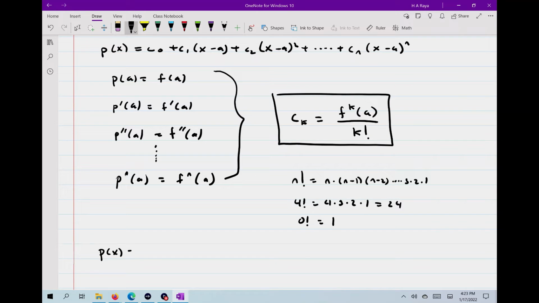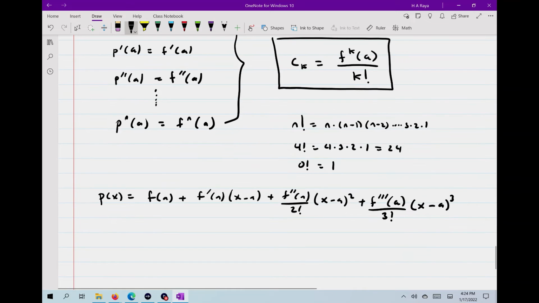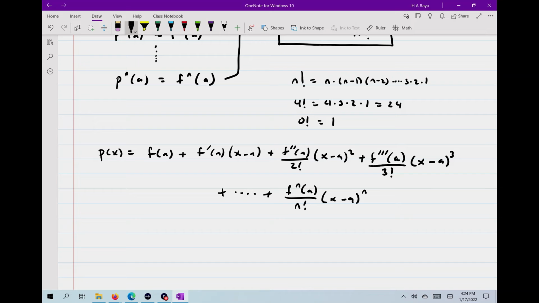So our polynomial p of x will look something like f of a plus f prime of a times (x minus a) plus f double prime of a divided by 2 factorial times (x minus a) squared plus f differentiated 3 times evaluated at a divided by 3 factorial times (x minus a) to the 3rd power plus everything thereafter until you get to the nth derivative of f at a divided by n factorial times (x minus a) to the nth power.